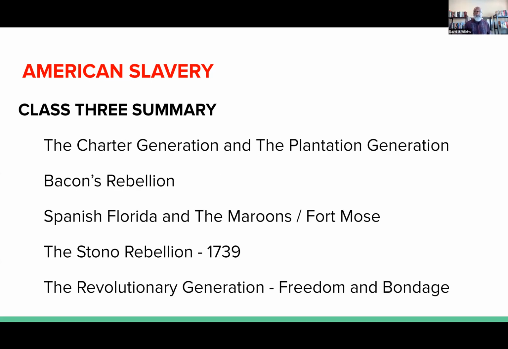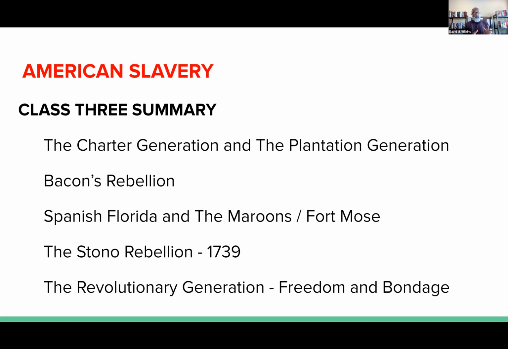In our third class, we took Ira Berlin's construction of the charter generation and the plantation generation, and then ultimately the revolutionary generation, as a way to frame both the time frame as well as the kind of slavery that would be played out in the American experience.